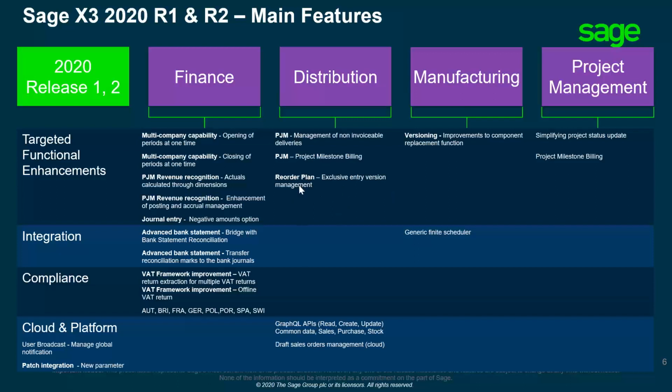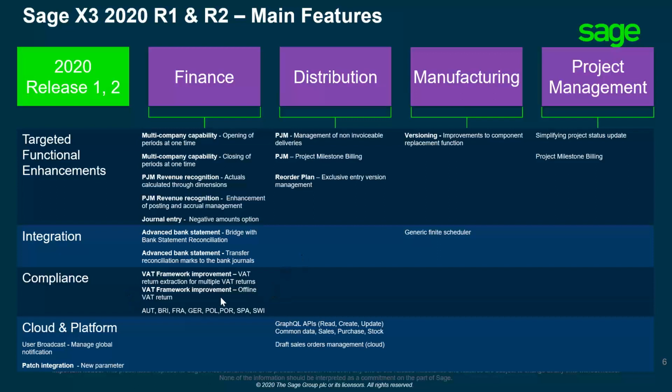For the distribution side, we have enhanced the existing reorder plan function by taking into account the version management now. And then in the manufacturing area, we have also improved the component replacement function in relationship with the version management.